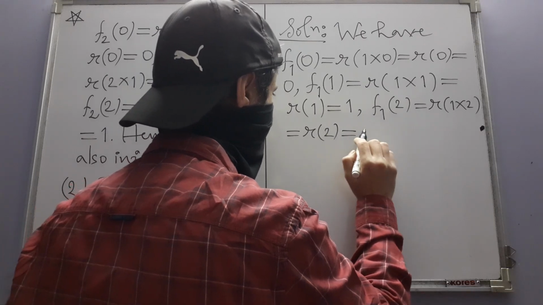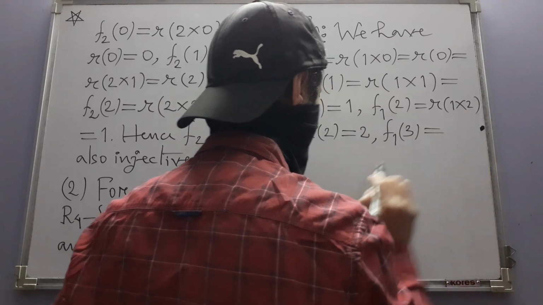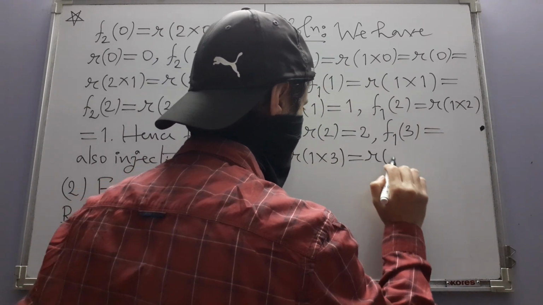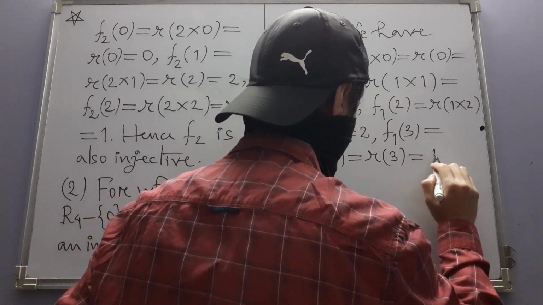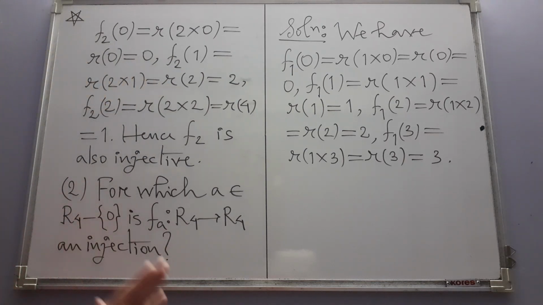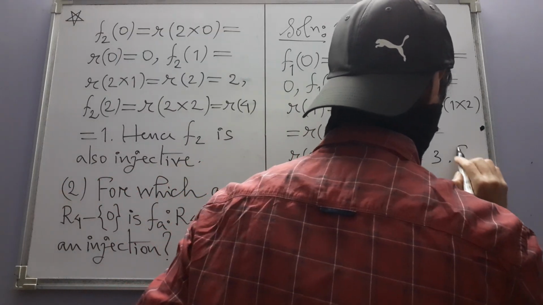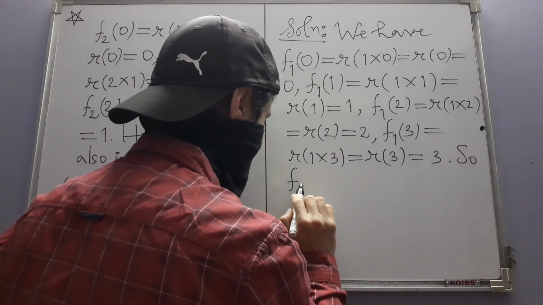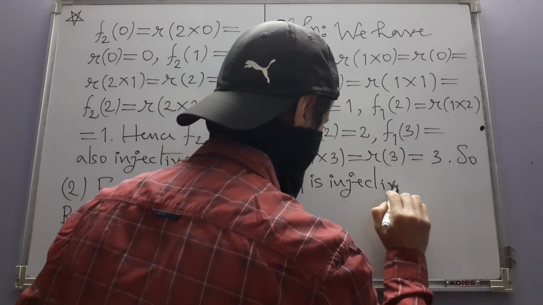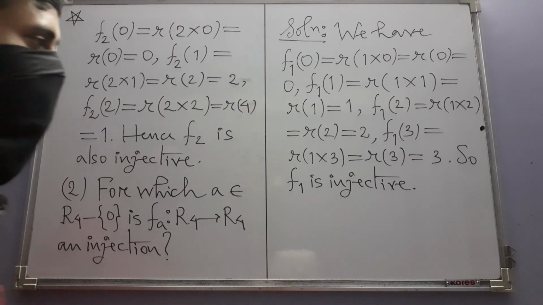Dividing 2 by 4, we get the remainder 2. And finally, f1 of 3 is r of 1 times 3. So again, the remainder is 3 itself. So yes, actually it's the identity function. So this is injective. f1 is injective or is an injection, it's up to you how you want to write the sentence.